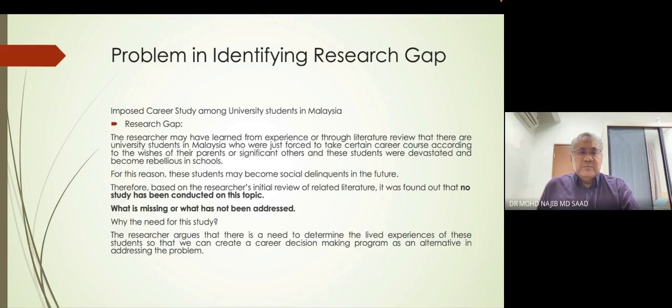Taking the same topic, imposed career study among university students in Malaysia, the way to identify the research gap is that, number one, the researcher may learn from their own experience, through observation, case study, interview or literature review, that there are university students in Malaysia who were forced to take a certain career course according to the wishes of their parents or significant others, and these students were devastated and became rebellious in school.